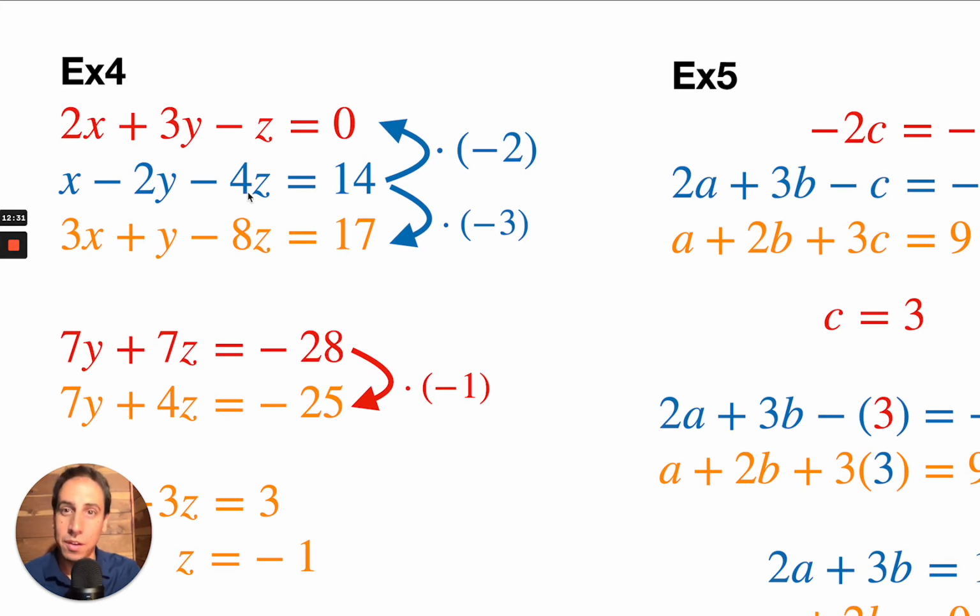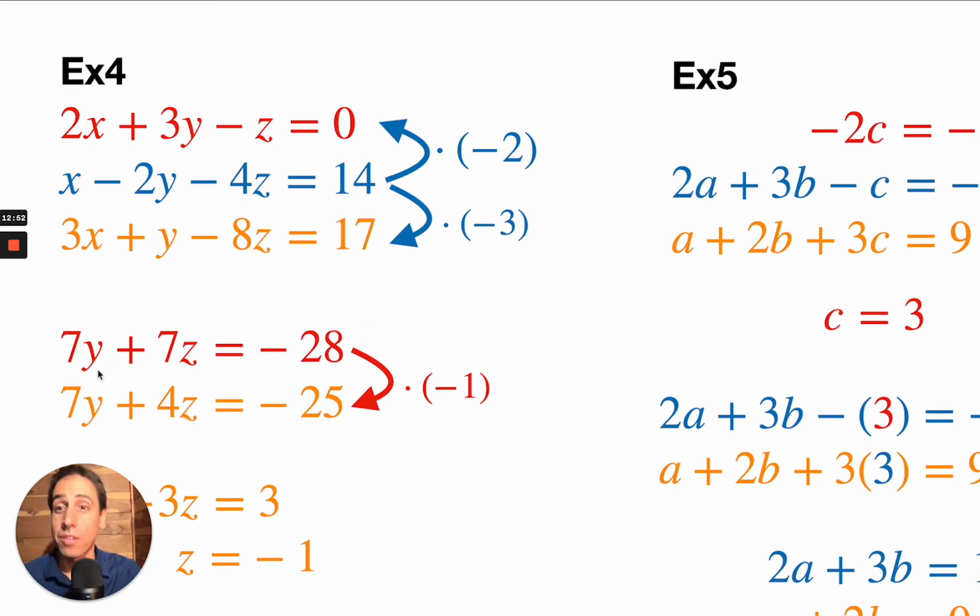-4z times -3 is 12z plus -8z is positive 4z. 14 times -3 is -42, -42 plus 17 is -25.